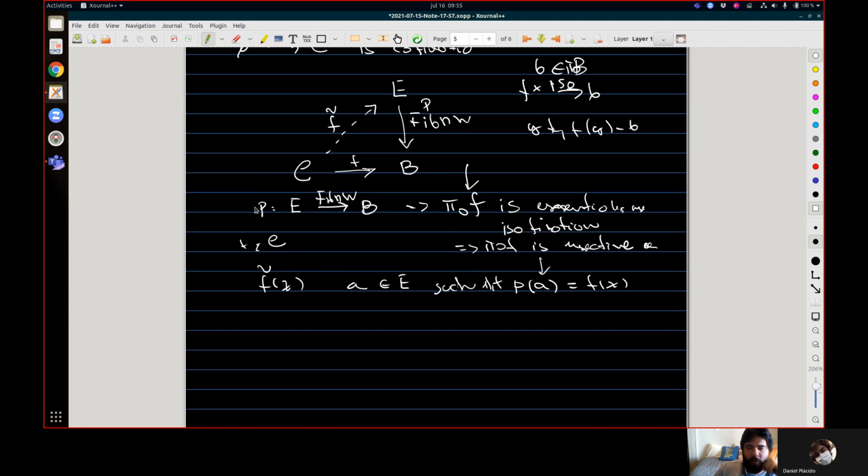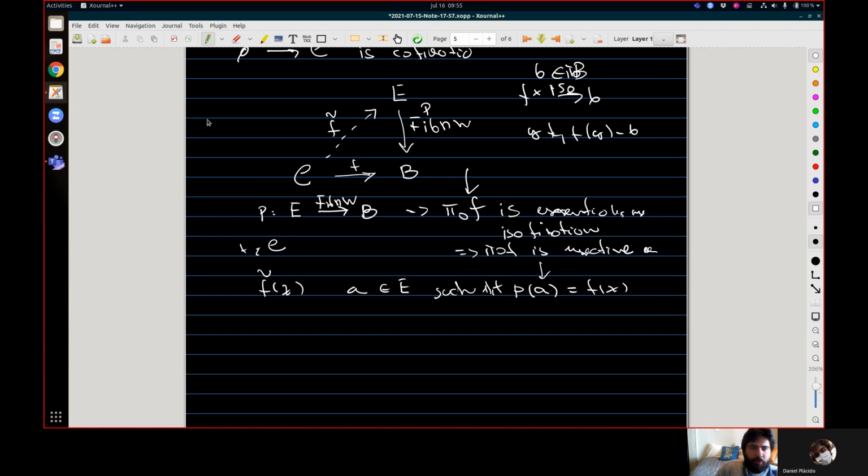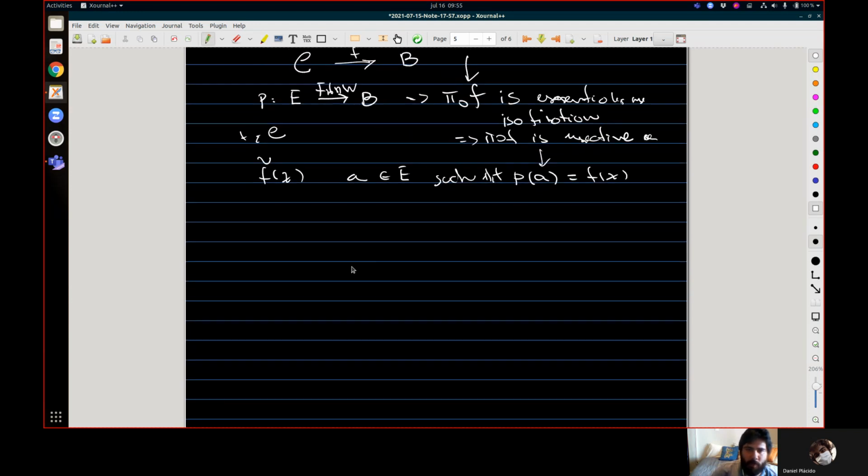Now, okay, so we use the conditions 2, right? We use W2 plus F2. This mentions the model structure on Cat. Now we must use the model structure in S set, the Quillen model structure. So why do I say this? Okay, so we have now a choice of objects here.